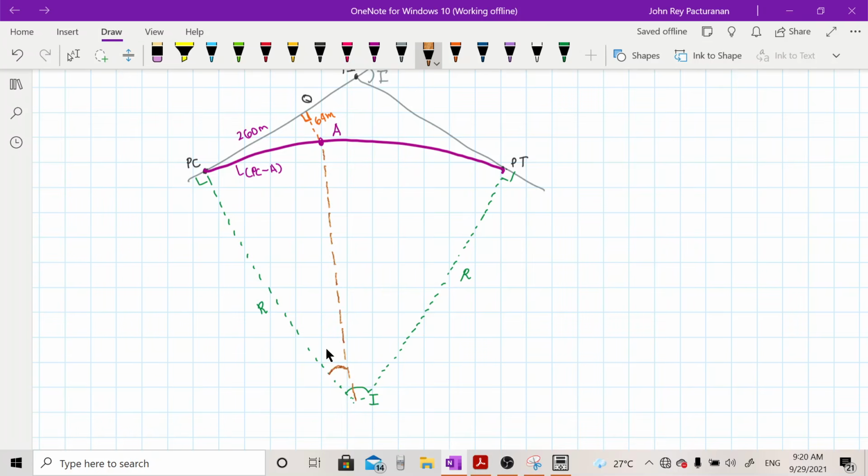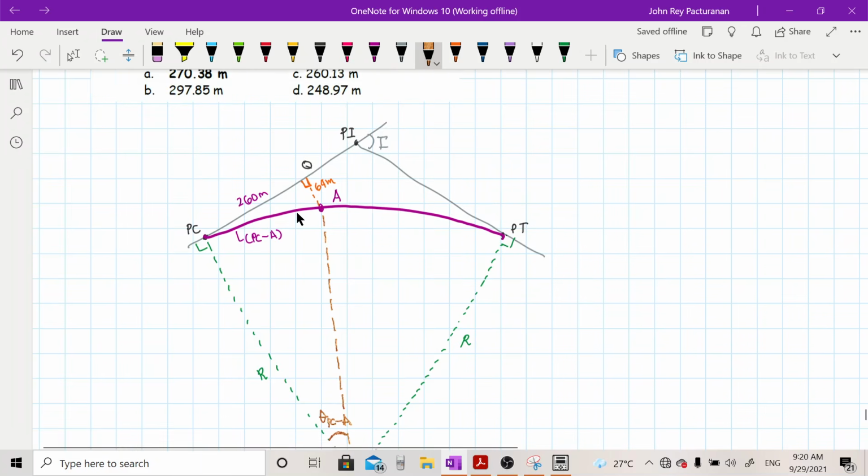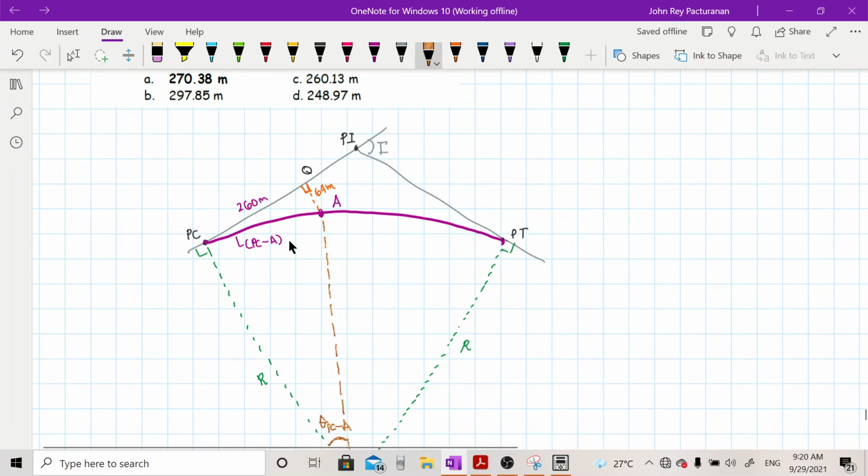So, tawagin ko siya as theta from PC to A. Okay? Ayan siya. From point of curvature to point A. So, ito yung illustration natin. Yung perpendicular distance ng point A to point Q is 64 meters, while the distance between PC to point Q is 260 meters.